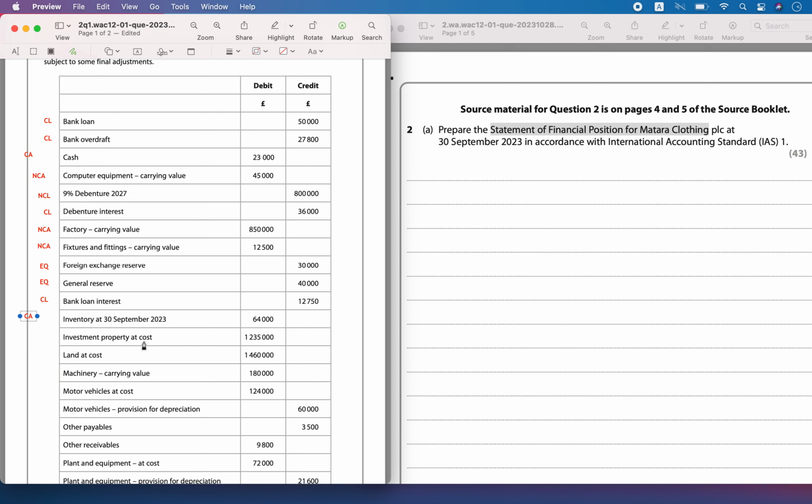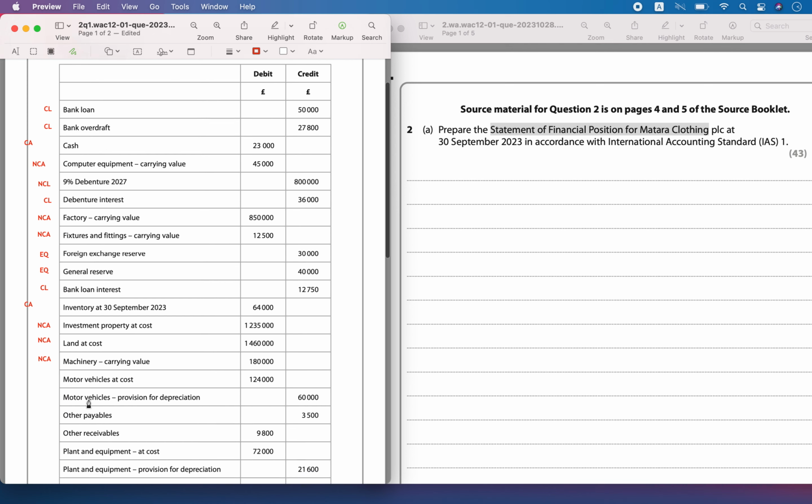Then investment property at cost, it is a non-current asset. Then land at cost, this is also going to be a non-current asset. Then machinery, which is at the carrying value.